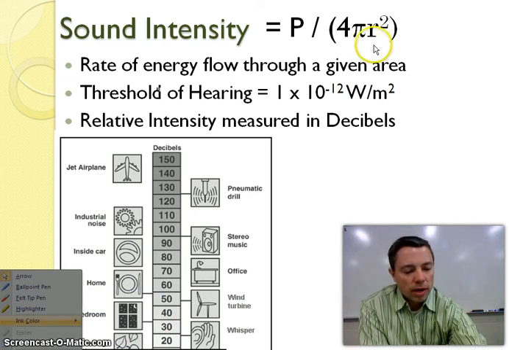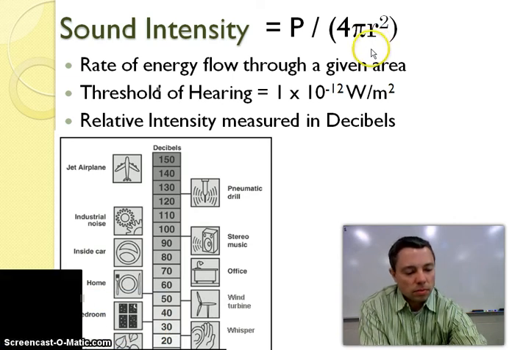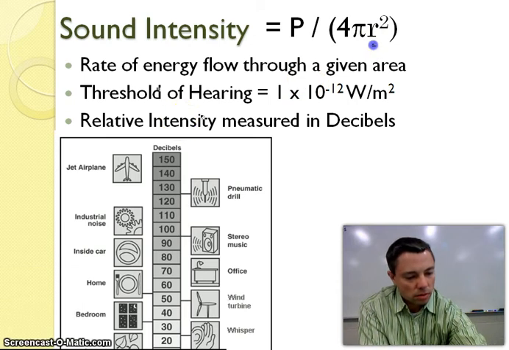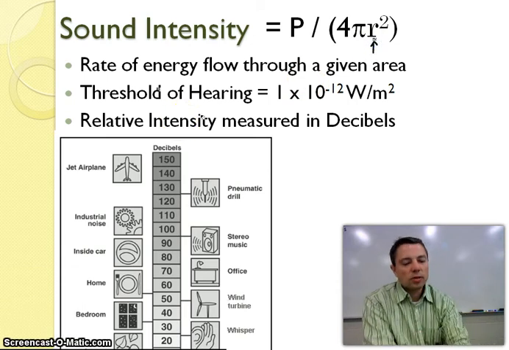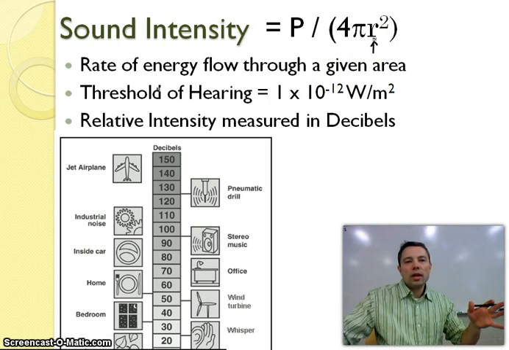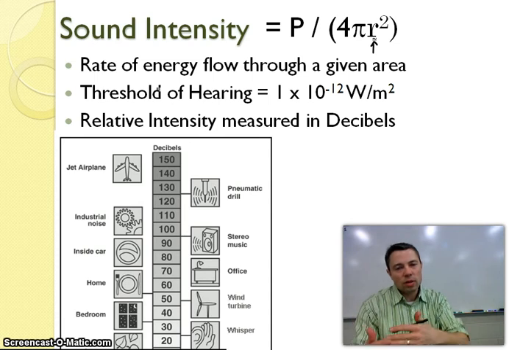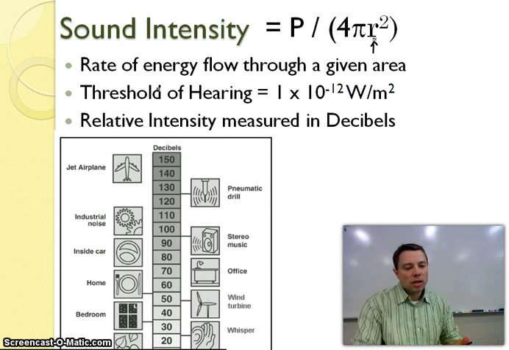It relates back to the radius. Okay? And so as we get further and further away, the intensity of that sound decreases. If you're really close to the speaker, it's really intense, but if you move back away, it's a little bit less.